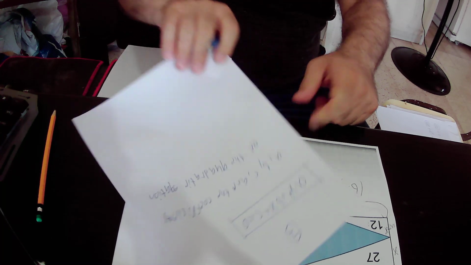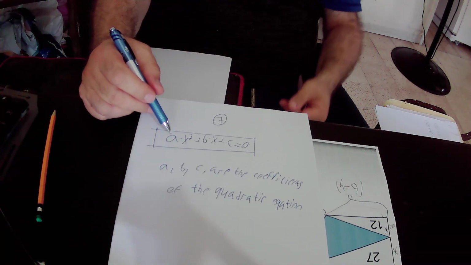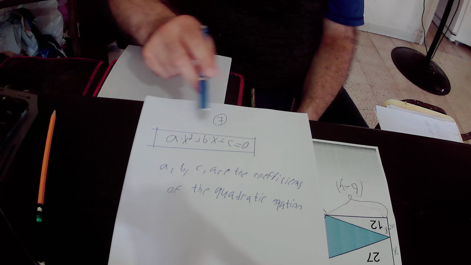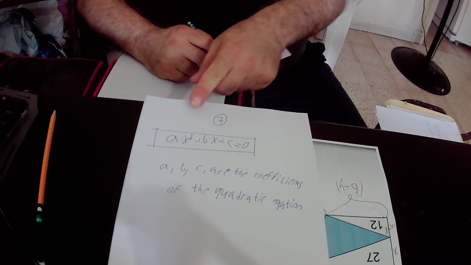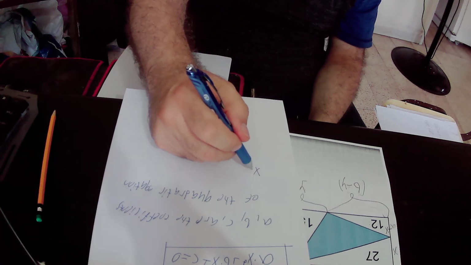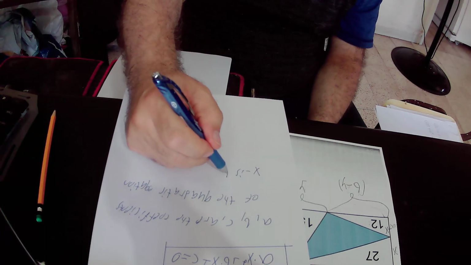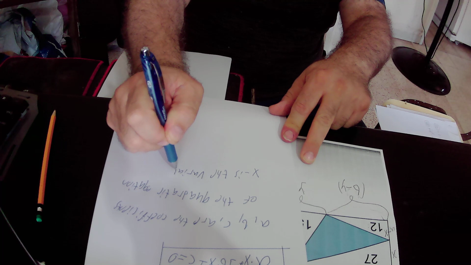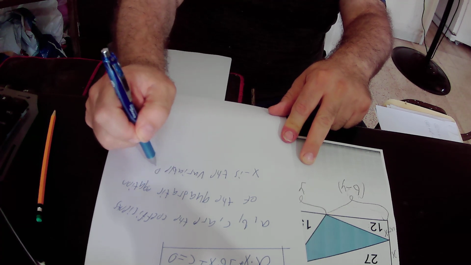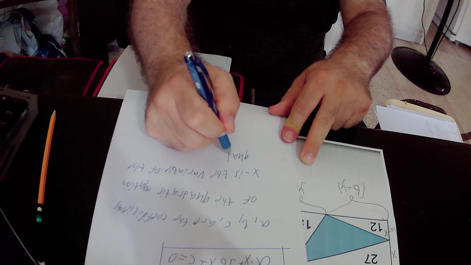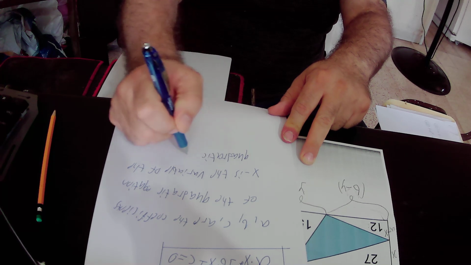Okay, a, b, and c are the coefficients of this quadratic equation, and the variable of this quadratic equation is x. x is the variable of the quadratic equation.